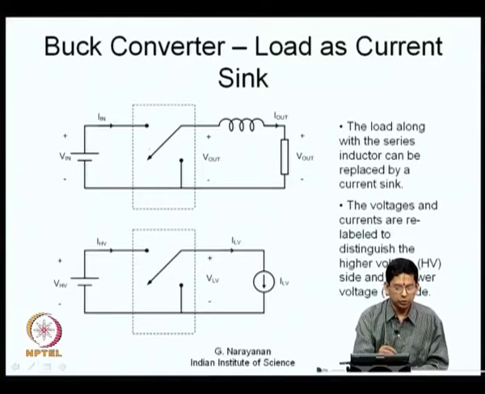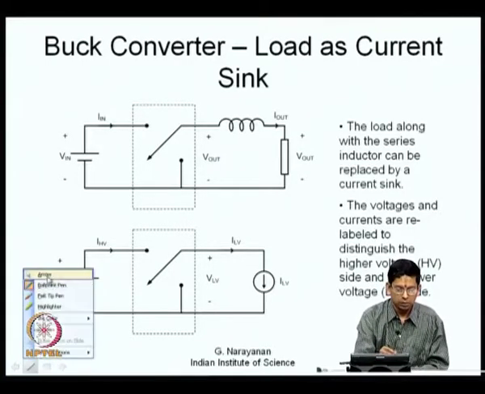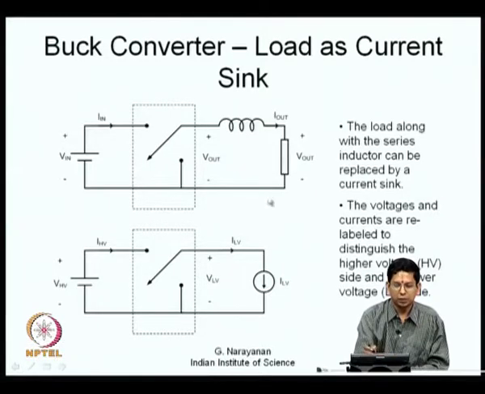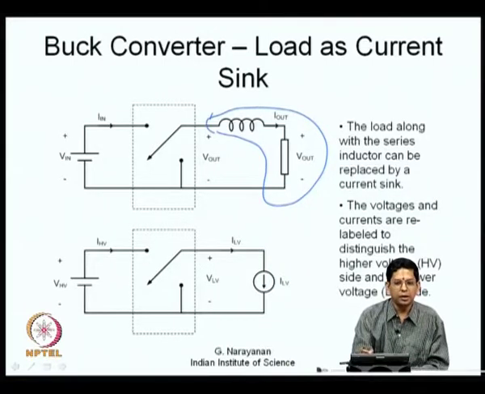So, you have a single pole double throw switch and you have some inductance, or there could even be a C here. Now, this inductance together with this load can be replaced using a current source, a current sink. You can model this simply as a current sink now.